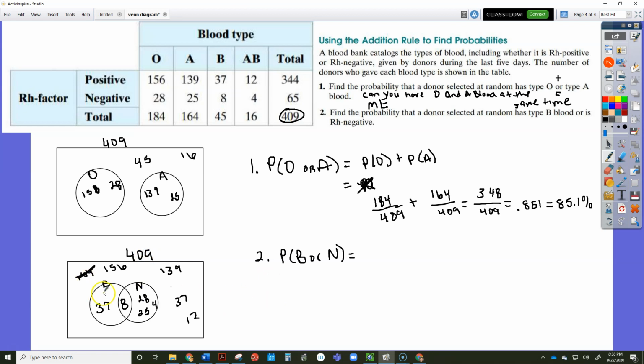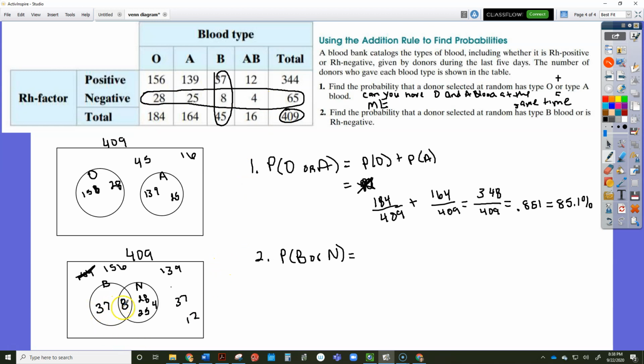So if we add the probability of B blood, which is a total of 45, if we add that together with 65, we get 45 plus 65, we get 110. That's going to be too many. Why? Because if I add these two up to get 45, and I add all of these negatives up to get 65 right there, then do you see the number that I've counted twice?